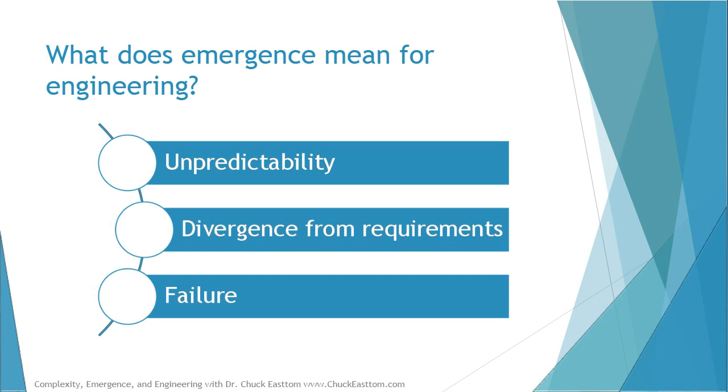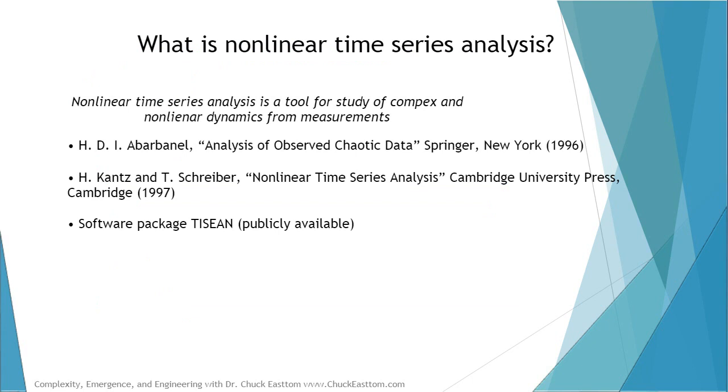So how can we handle this with very simple math? Well, we're going to get to that in just a moment. That's the culmination. One of the current methods that's being used is nonlinear time series analysis. We look at a tool for complex nonlinear systems over time, but again, that doesn't give us predictability. That gives us post hoc analysis.